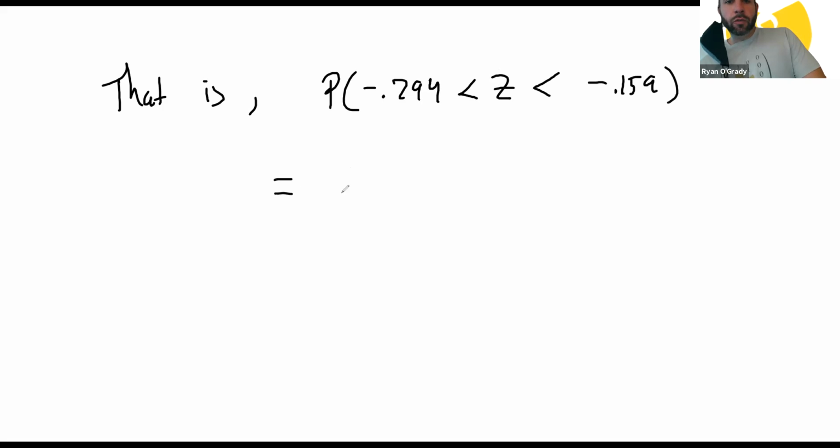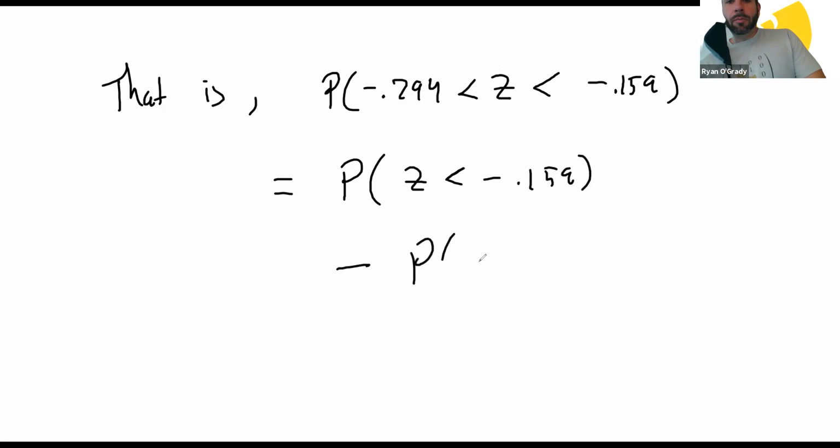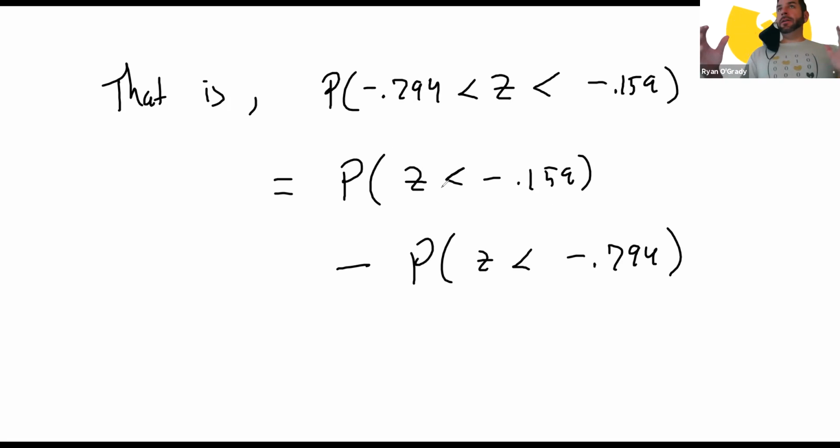This is equal to the probability that Z is less than negative 0.159 minus the probability that Z is less than negative 0.794. Now, both of these are the areas that we want, at least on the table we're using.